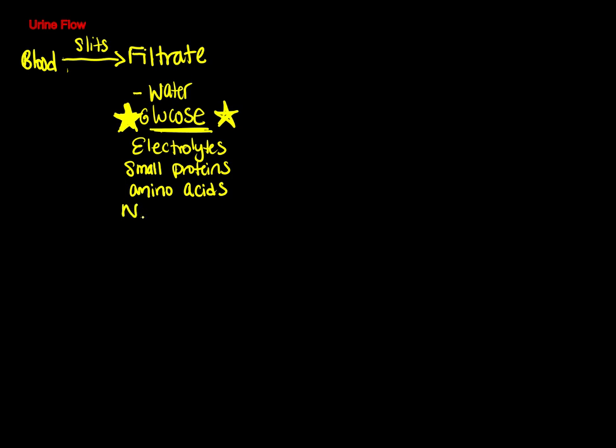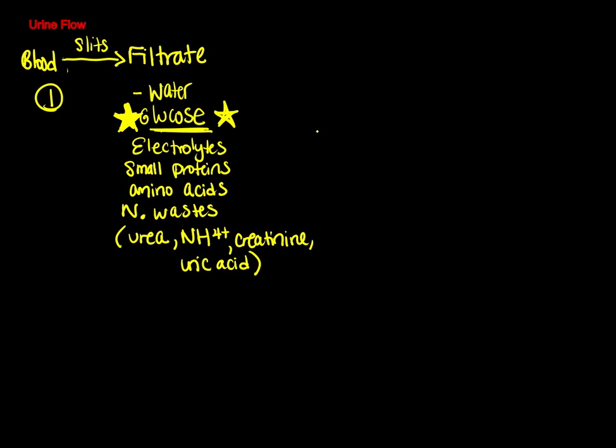And we'll also see nitrogenous wastes, which include things like urea, ammonium ions, creatinine, or uric acid. So all of this is just function number 1 that happens as it goes from glomerulus to the capsular space, this filtration.